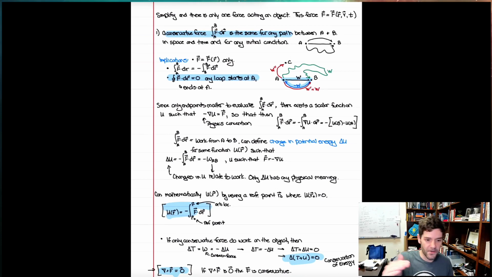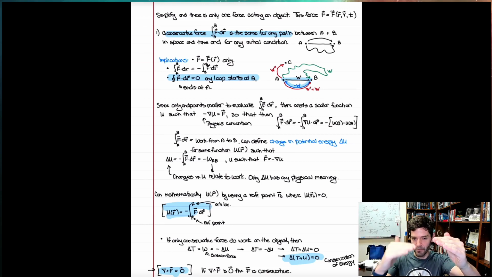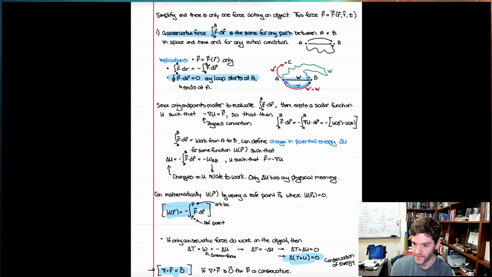I kind of assumed the one I highlighted at the top, and from that motivated the proof of everything that followed. Turns out there's an equivalence relationship where you can prove that if you take any of these as an assumption, they imply the rest. So there's an equivalence relationship between all these statements that I've highlighted. If you assume one, they all follow as a result. These are all equivalent statements mathematically, which is a nice result.